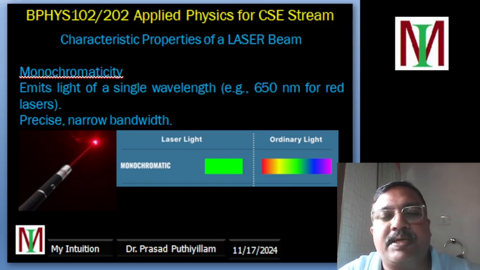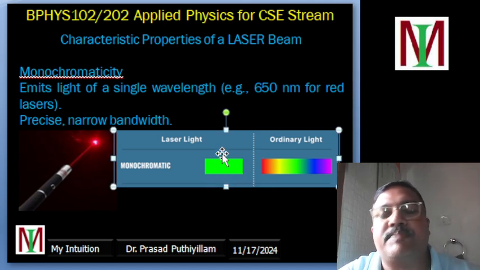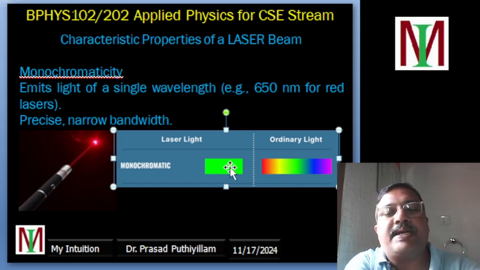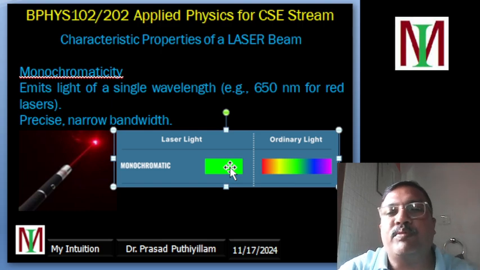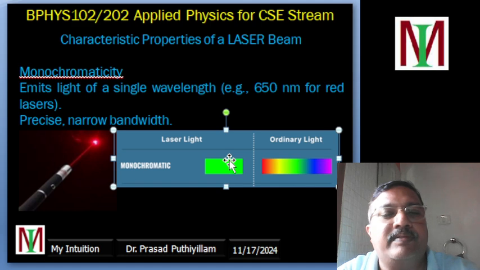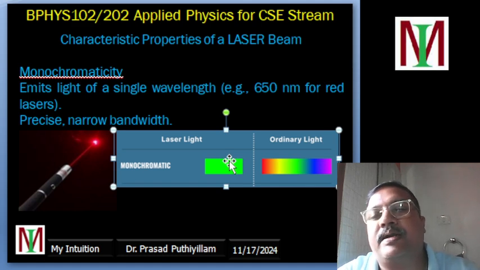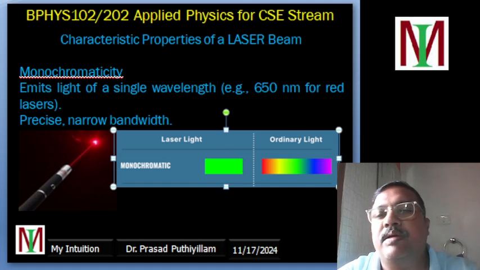An example given here is laser light that is green. Whereas ordinary light has all the different wavelengths, laser light will have one color. It may be green, red, blue, yellow, like that. A single color, and we call it monochromatic.